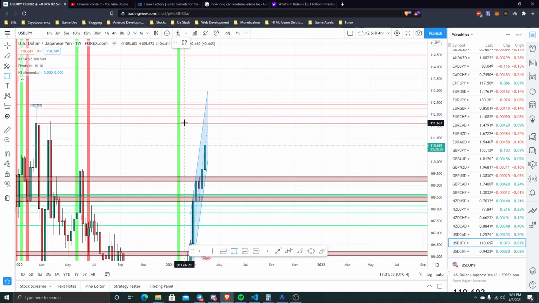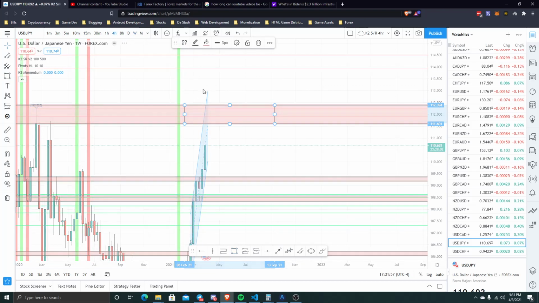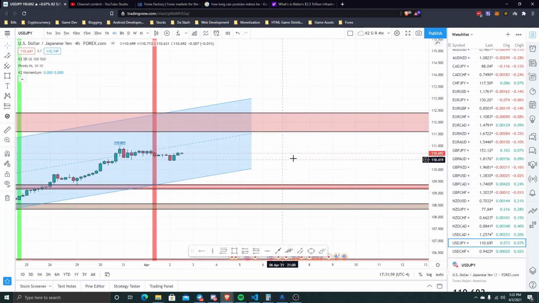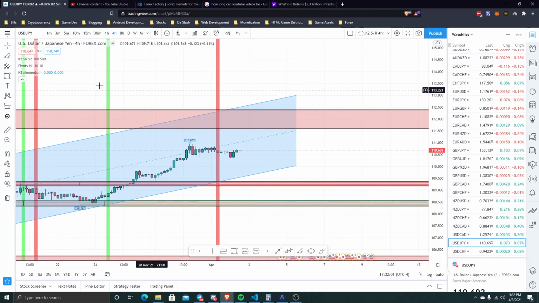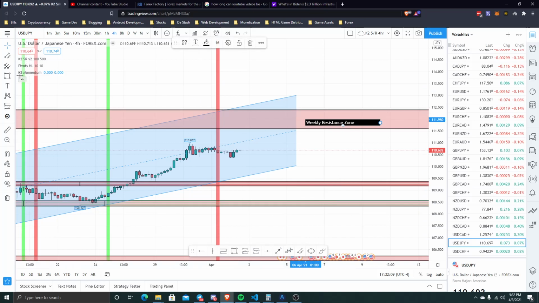Oh yeah, the next weekly zone is up here, and so what I think it might do is just continue to the upside until it breaks.